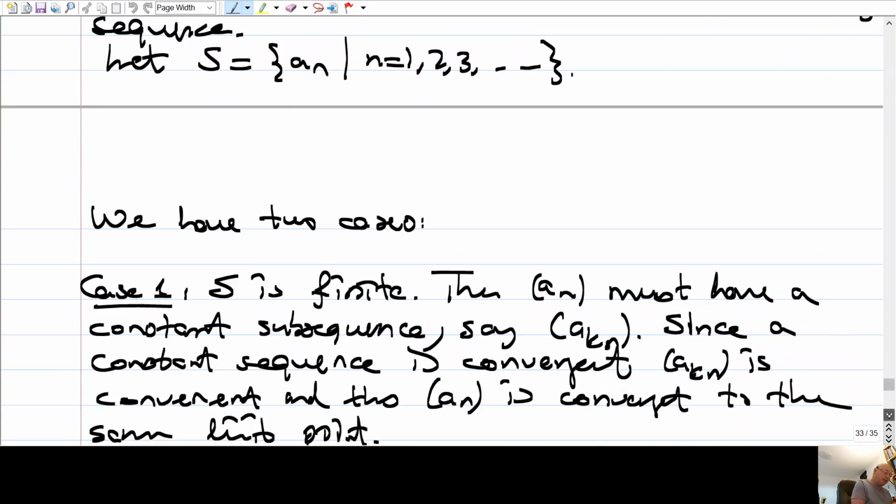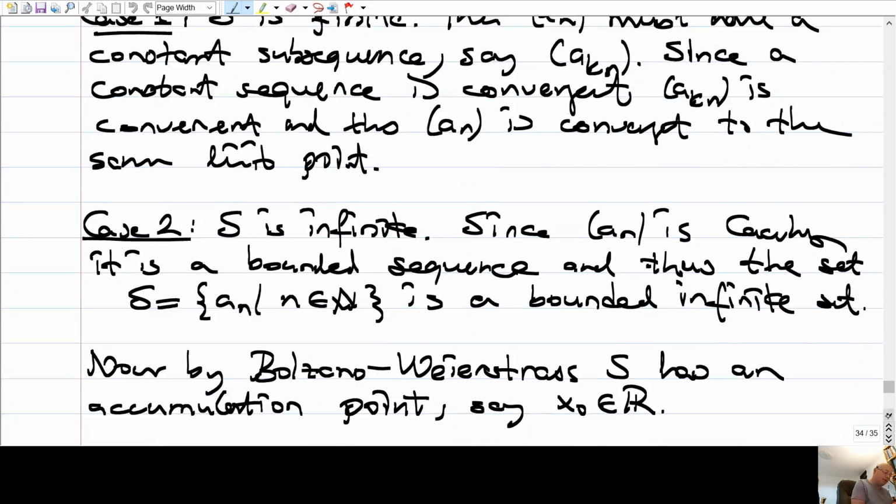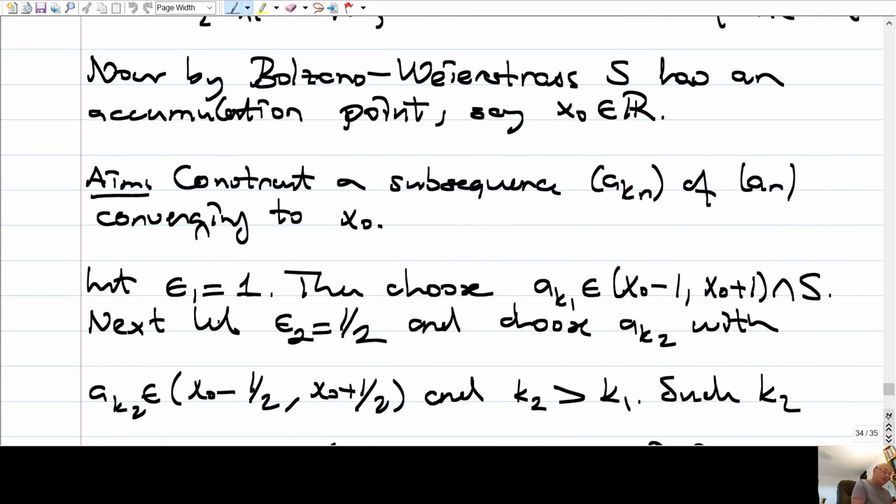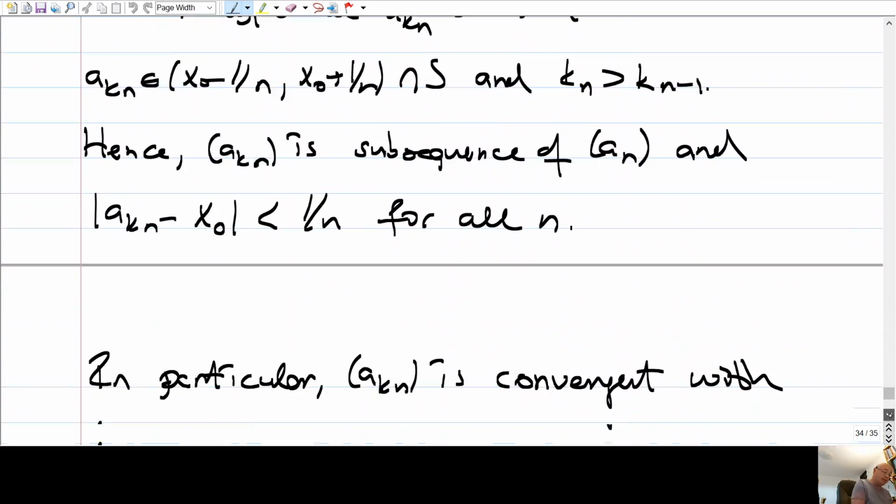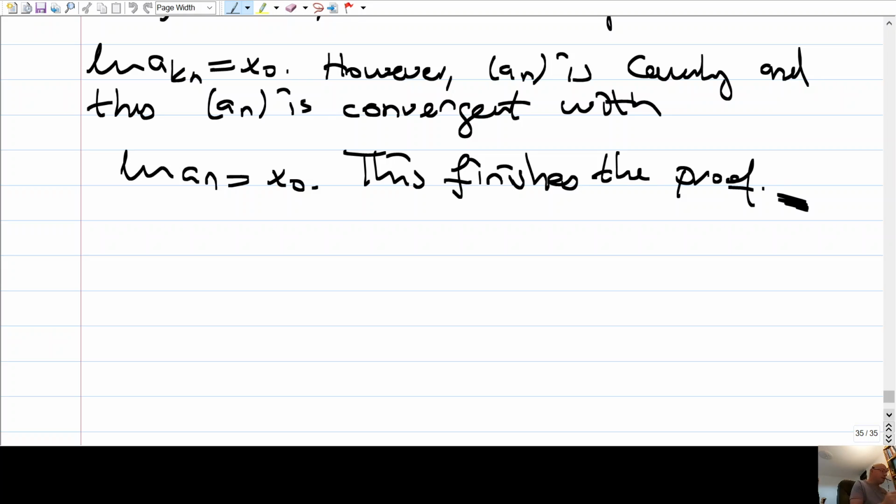Another way of expressing this fact is that the set of real numbers is complete. We will see this later when we start discussing metric spaces. We will see these concepts there, and so this will correspond to the fact that the set of real numbers is complete. Okay. All right, we proved this.